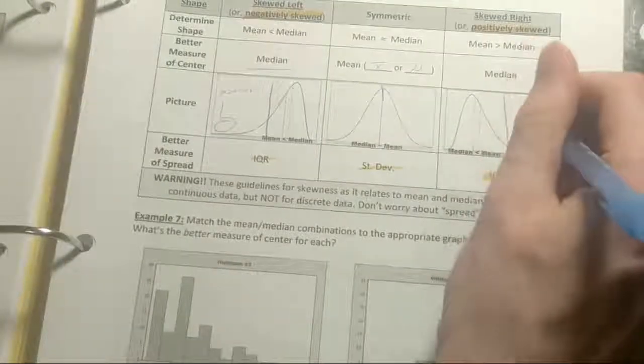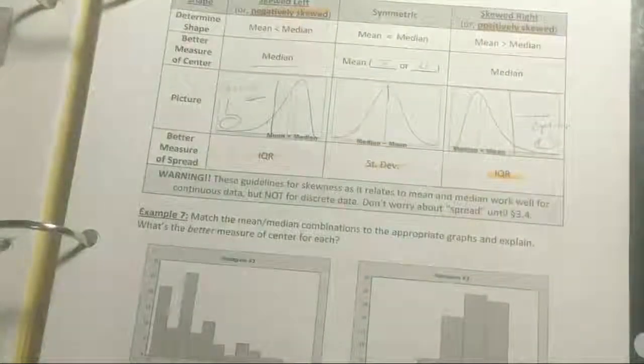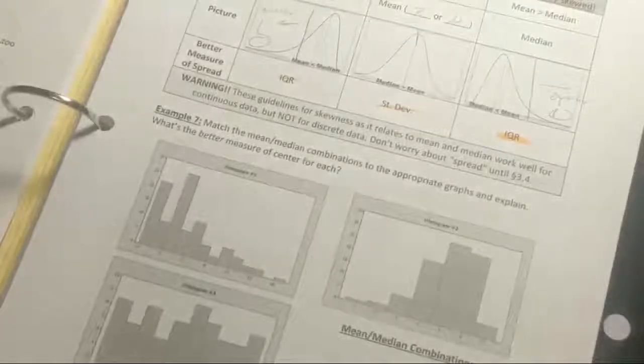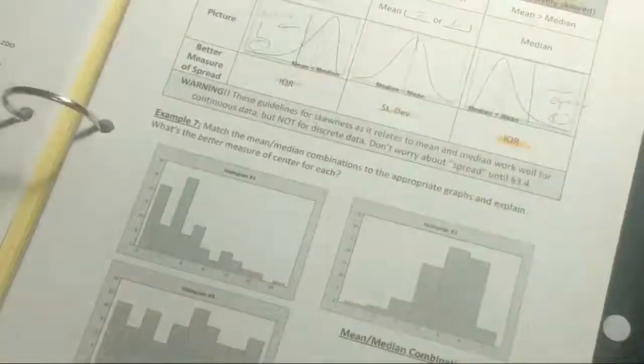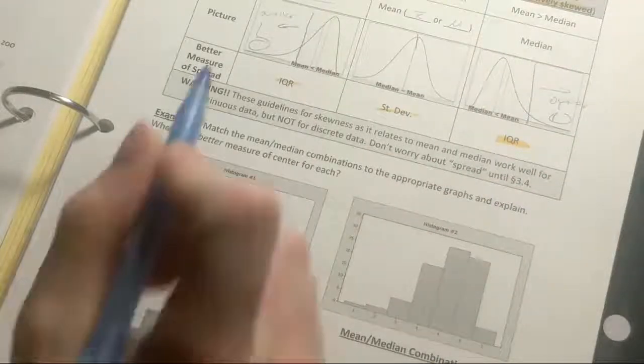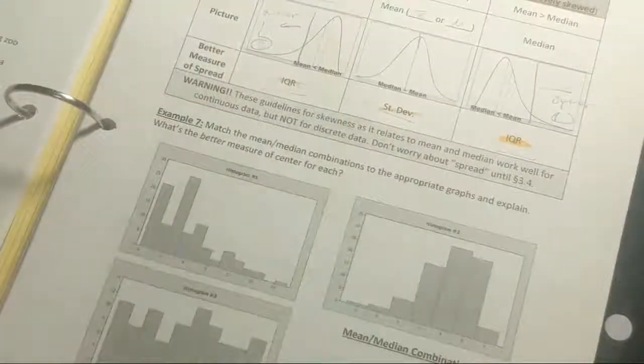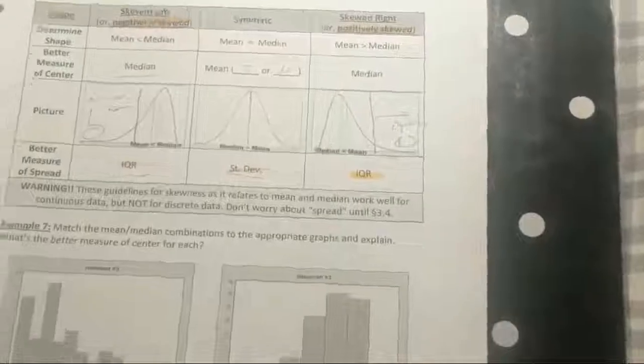So the mean tilts towards the outlier. But the median does not. The median is more resistant. So it's skewed left or negatively skewed. It's skewed right because you have an outlier on the right, or an outlier on the left. Now, the better measure of spread, we will get into these later. Very important. That is actually the next section.